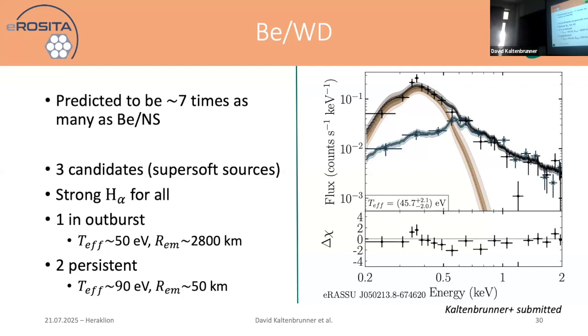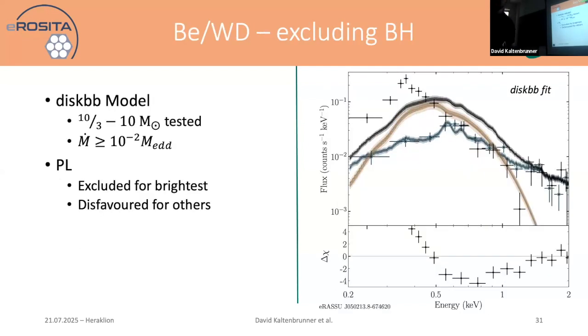But super soft sources could, in principle, also be black holes. So what we did was to check for this. There are 2 possible ways that a black hole could show: either we have a super soft spectrum, which looks like a disk black body model, or we have a power law, and we tested both. For the disk black body model, we allowed masses between 10/3 and 30 solar masses.